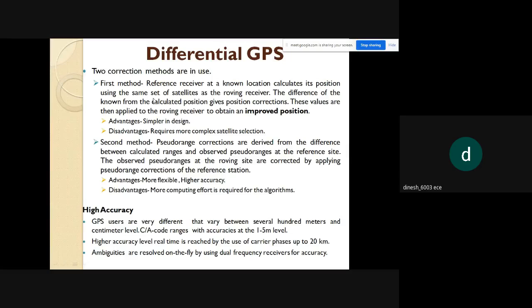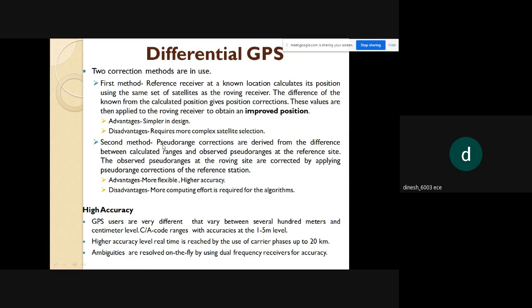There are two methods to correct or rectify the errors. One is that a reference receiver at a known location calculates the position using the same set of satellites as the roving receiver. The difference of the known from the calculated position gives position corrections. How much difference we get between the rover and the base is computed and applied to the rover positioning, so that it will be added.